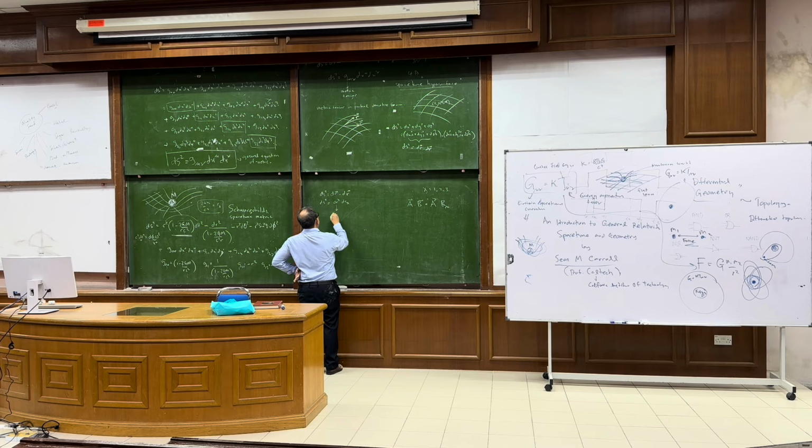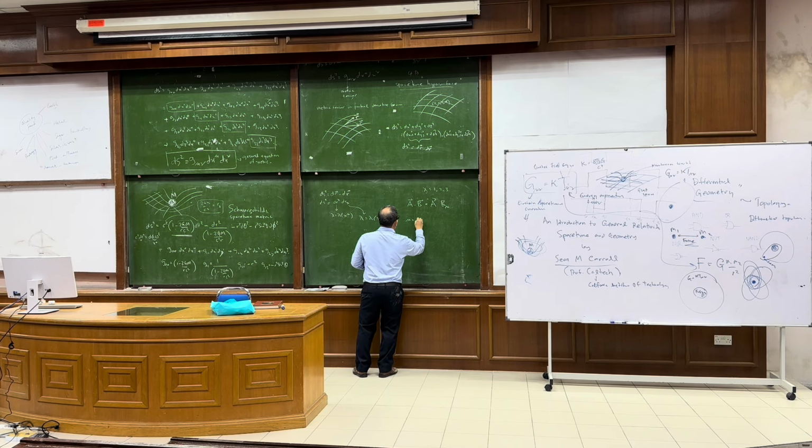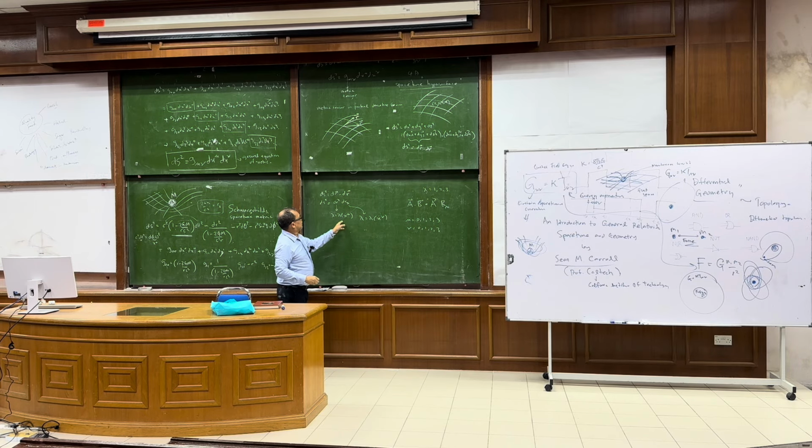Mu is 0, 1, 2, 3. Actually mu and mu is the same thing, so just symbolize to make it general. Okay, now kita ambil this one.